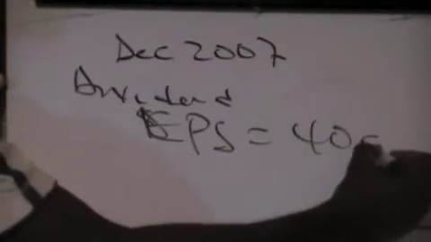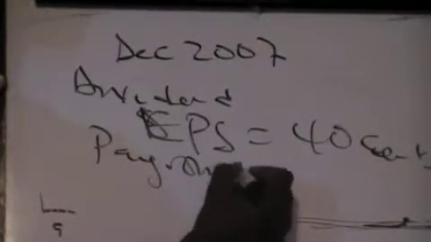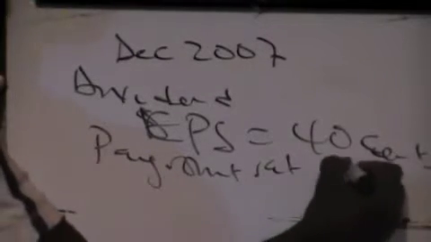In the December 2007 exams, they asked us to calculate the value using the dividend valuation model. Now, they gave us the dividend per share. We have the earnings per share, which is equal to 40 cents, and the payout ratio given to us is 60%.